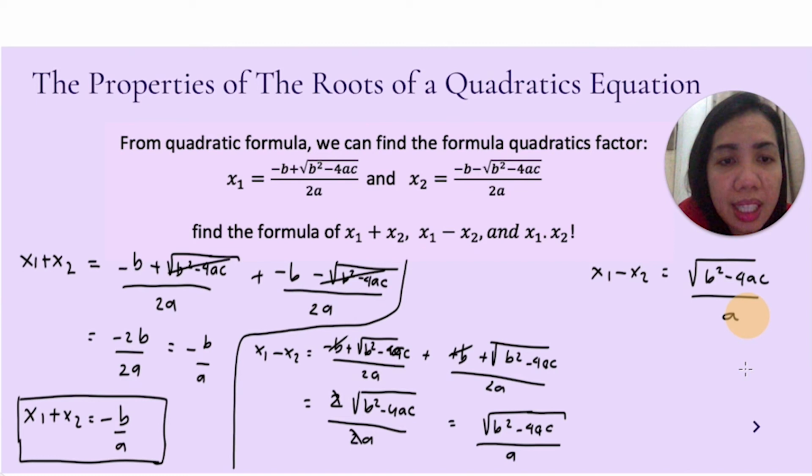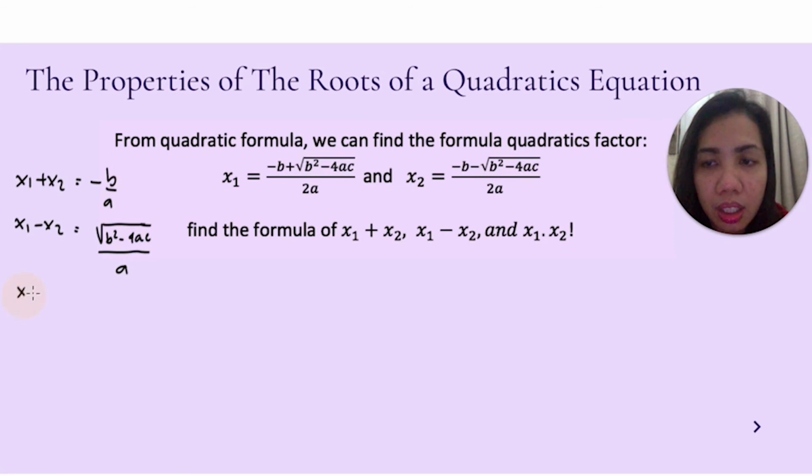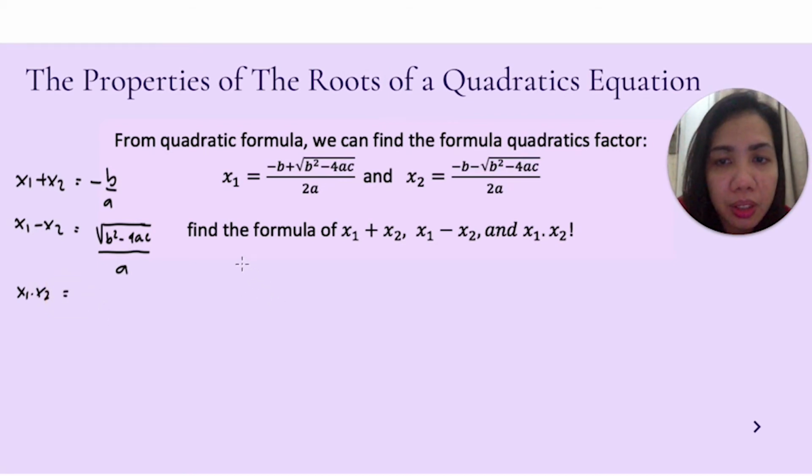Okay, now the last thing, x1 times x2. The next thing we're gonna derive is this formula, x1 times x2. We're gonna put it in here later on. Now let's write first x1 times x2, and then let's rewrite this formula.